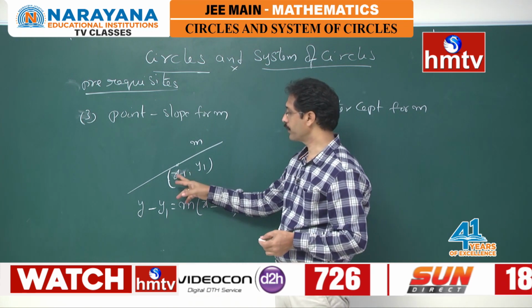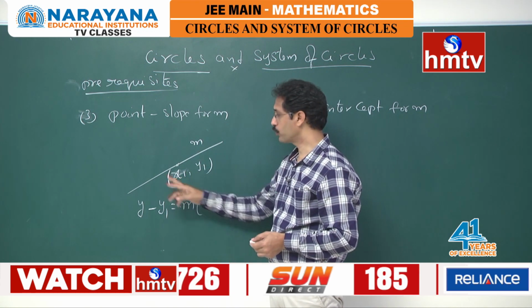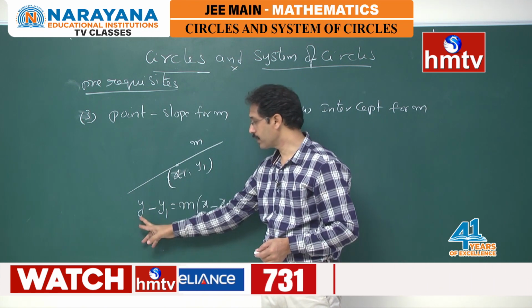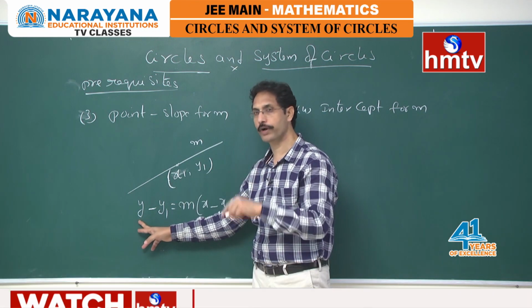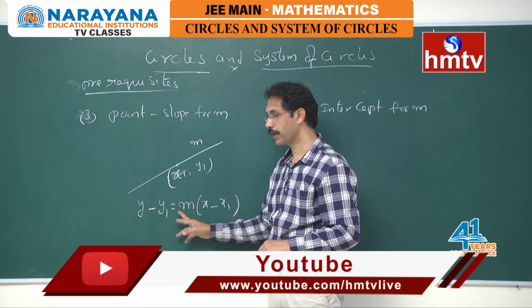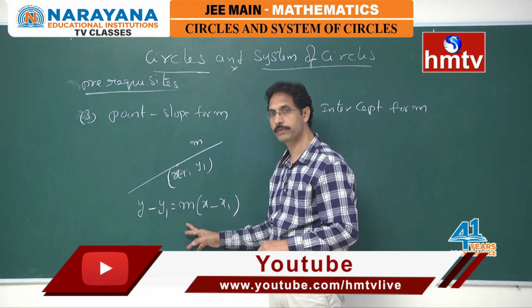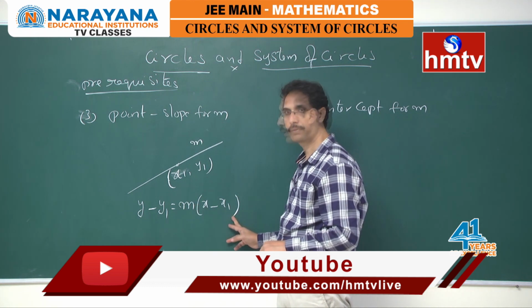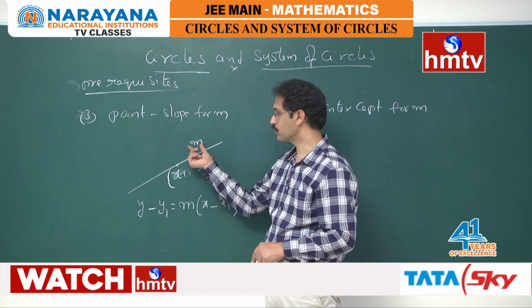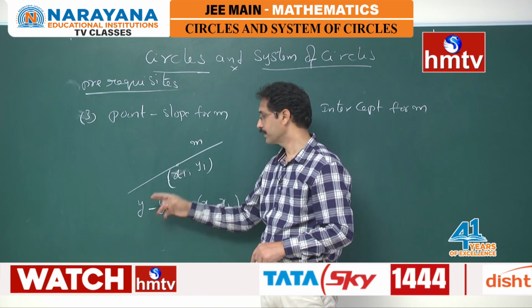Suppose instead of giving point and slope, if 2 points are given on the same line, we can write equation of that line, that is called 2 points form. y minus y1 is equal to (y2 minus y1) by (x2 minus x1), that is the slope of the line, into (x minus x1). In this way, we can find out equation of the straight line when a point and slope are given or 2 points are given.